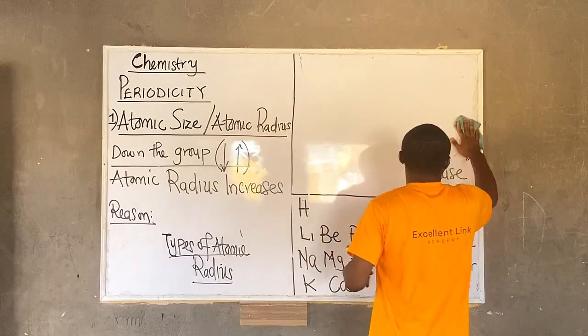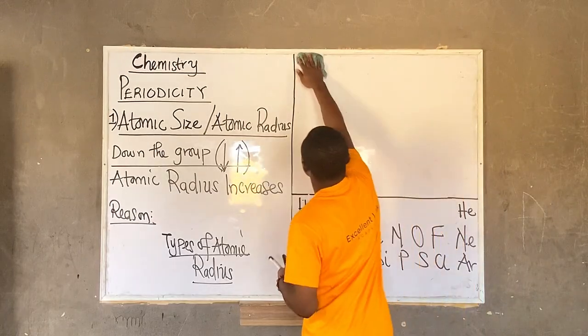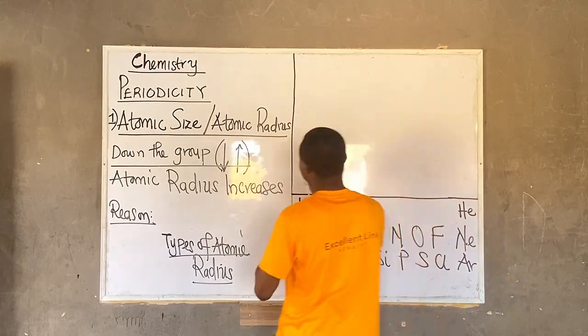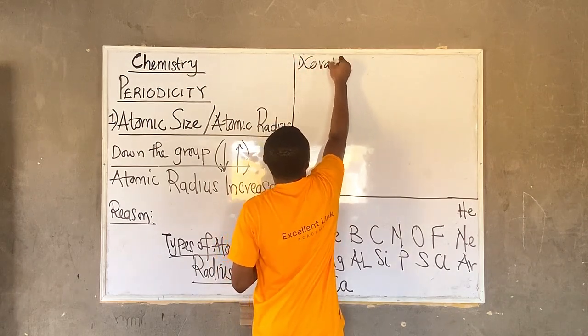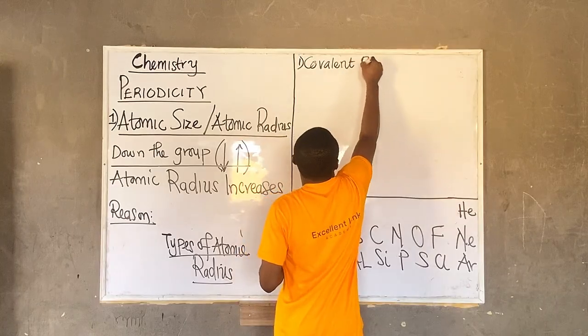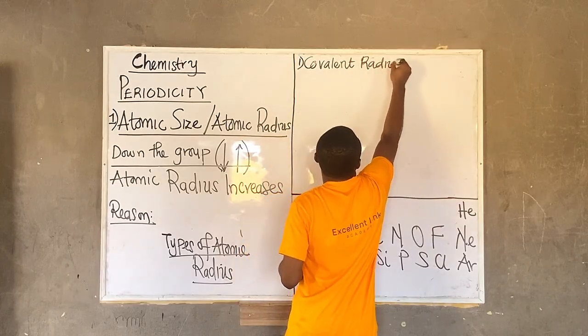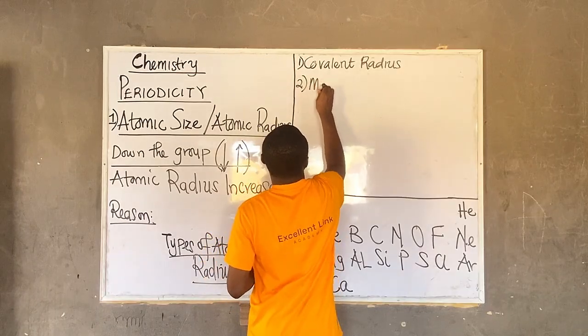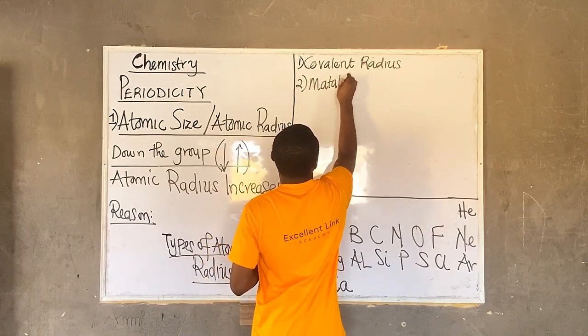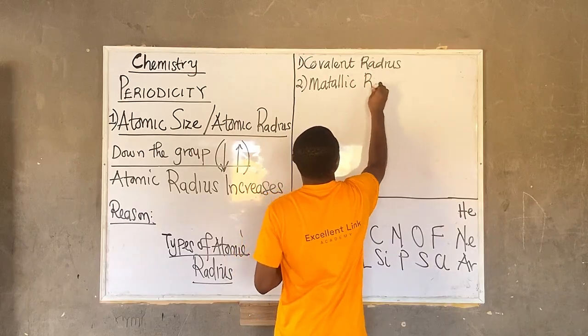So we said there are three types of atomic radius, right? Number one is the covalent radius. Number two, we have the metallic radius.